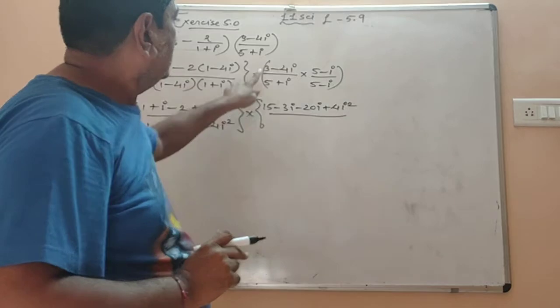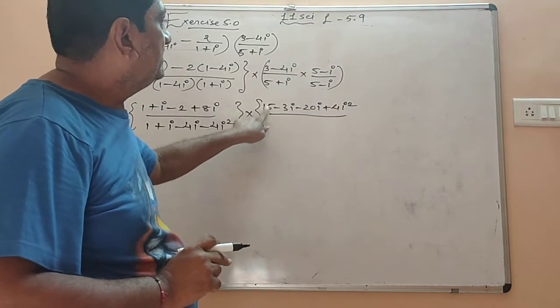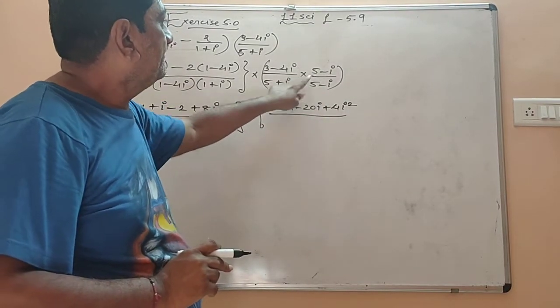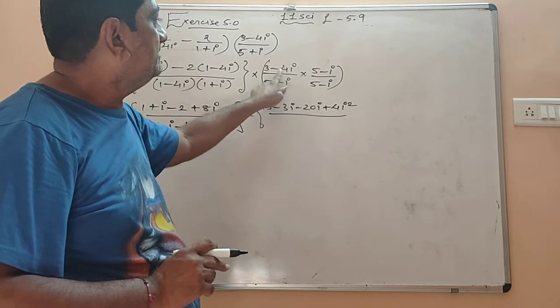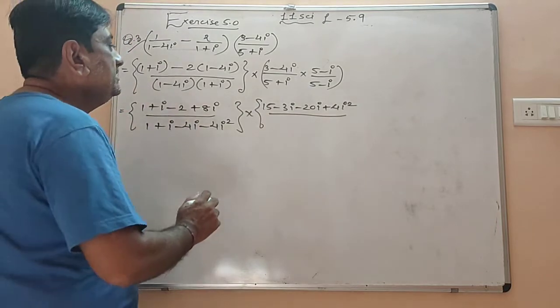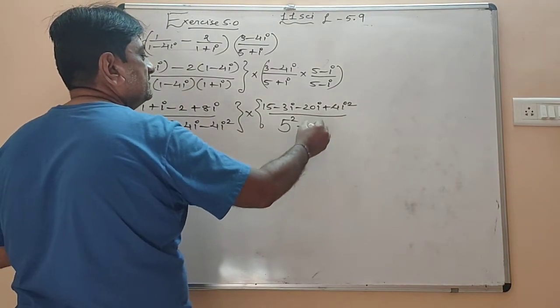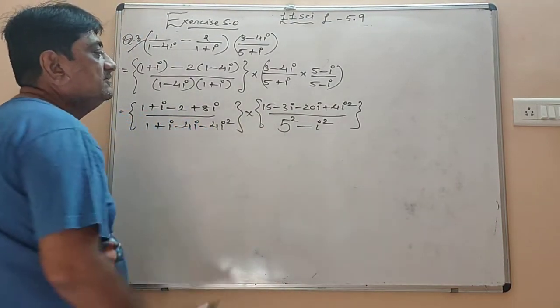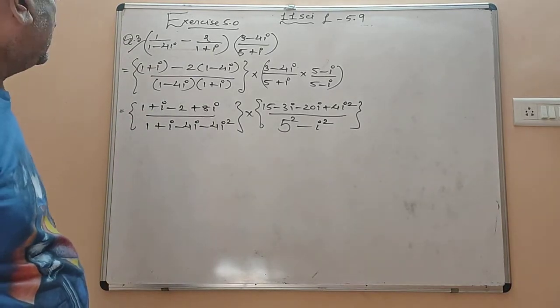How to open this bracket? 3 into 5 so 15 minus 3i minus 20i and minus minus plus 4i into i is i square, and denominator is 5 square minus i square as the factors of a plus b and a minus b.